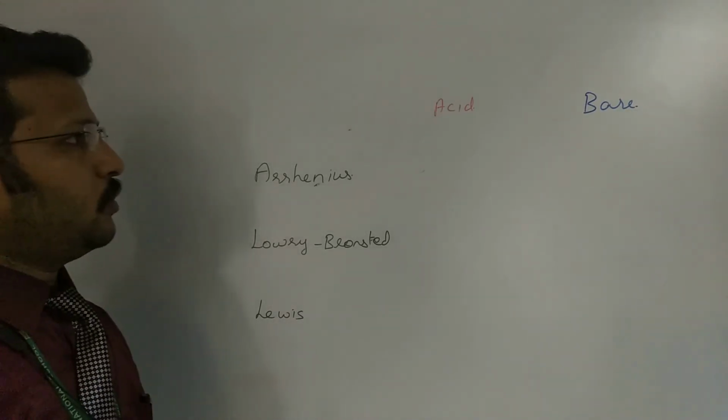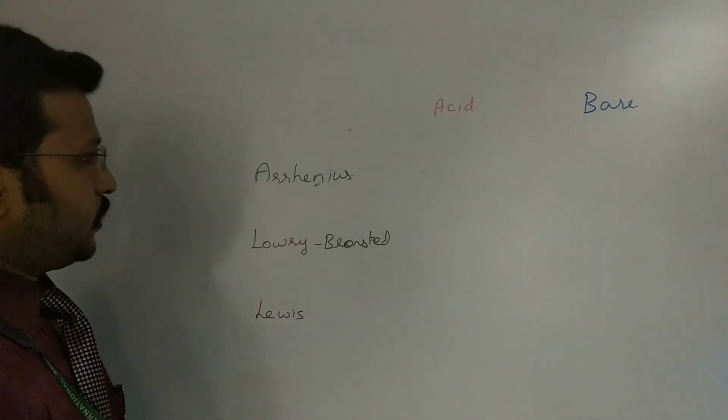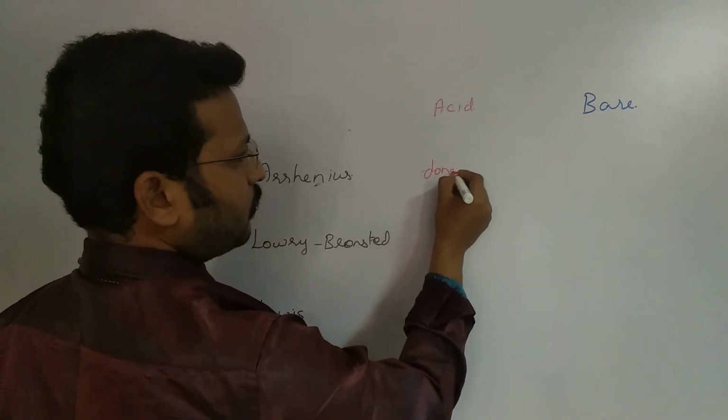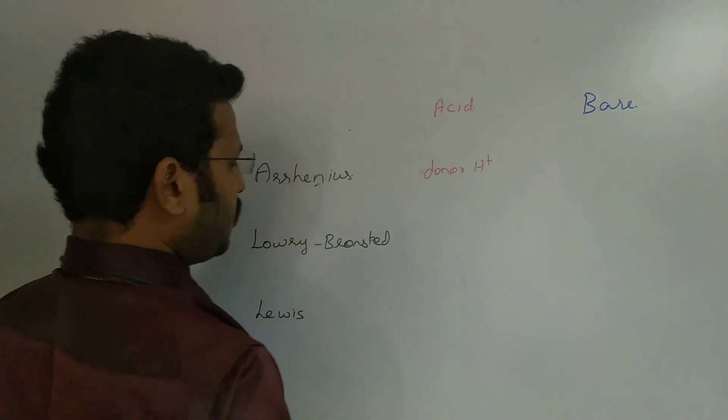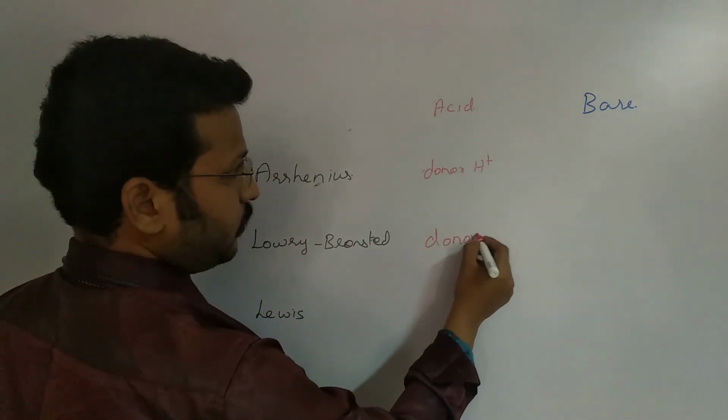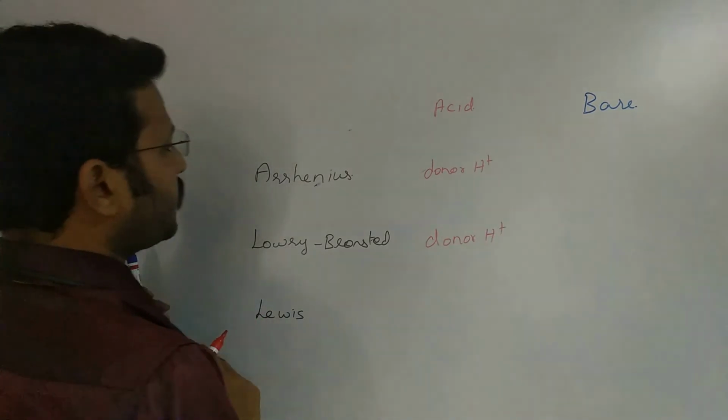Finally, to conclude the types of acids and bases: Arrhenius acids donate H plus, and Lowry-Bronsted acids donate H plus.